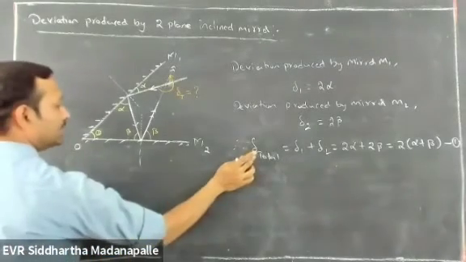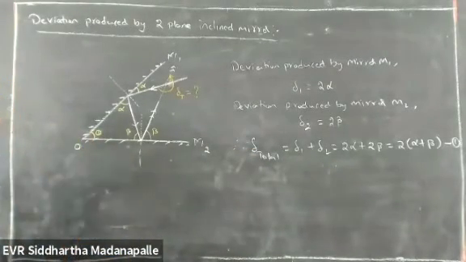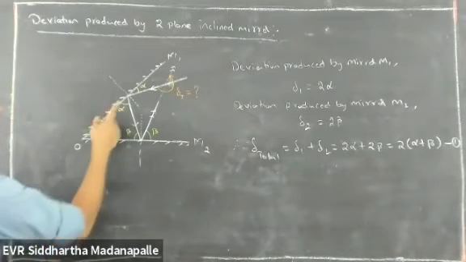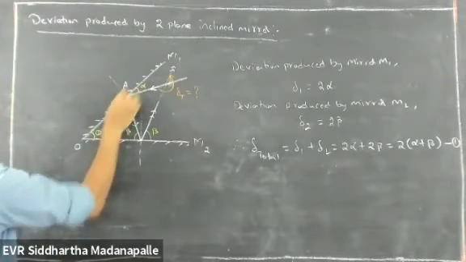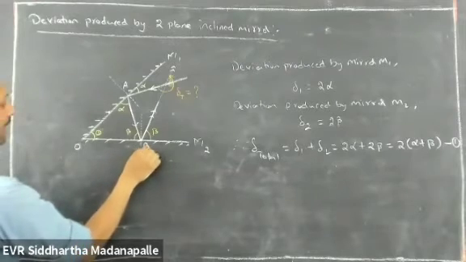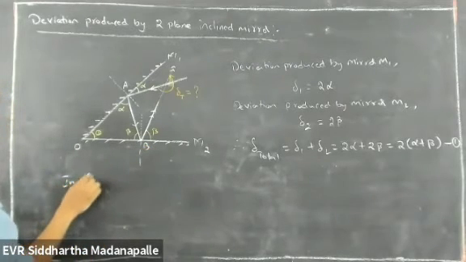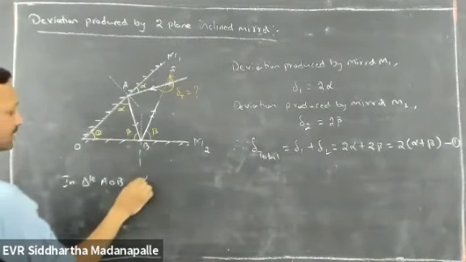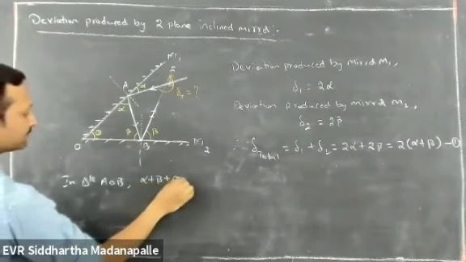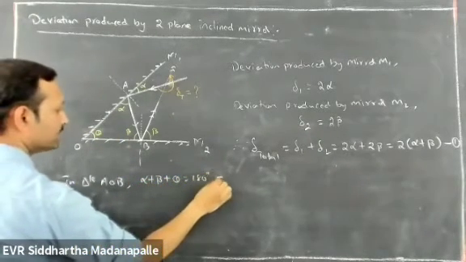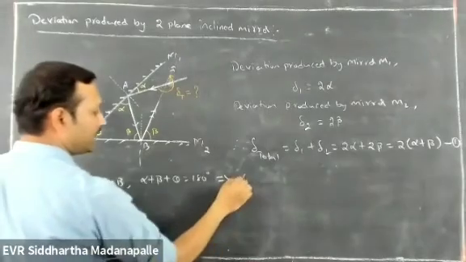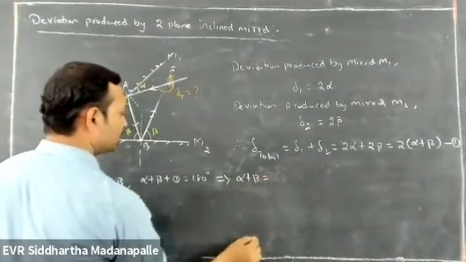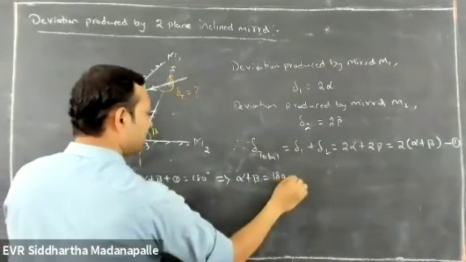Now we have to write this formula in terms of theta. Here, AOB is a triangle. In triangle AOB, the sum of the angles is equal to 180 degrees. Therefore alpha plus beta is equal to 180 minus theta.